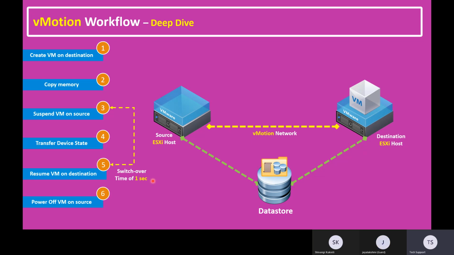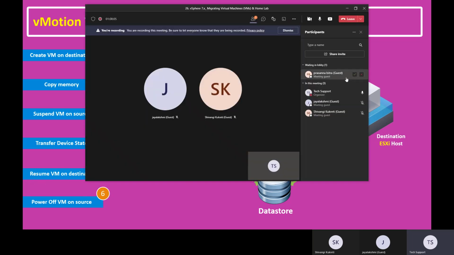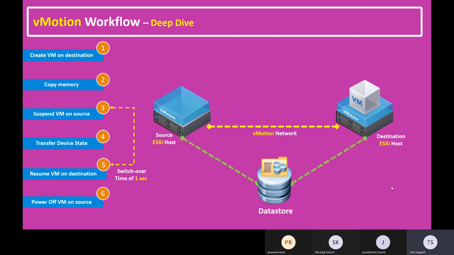We must meet those vMotion requirements, and then only can we perform this migration very fast. If it doesn't meet the vMotion conditions VMware specifies, the migration will always be slow. So conditions apply for the migration scenarios.